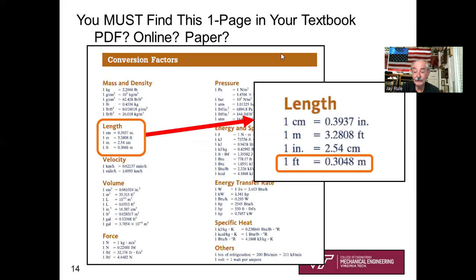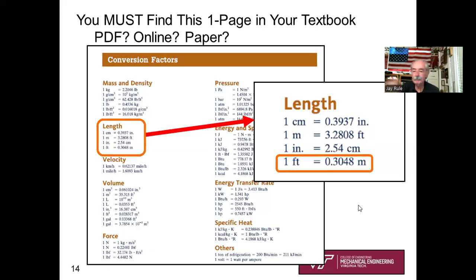You got to be able to find this. I've been harping on this, I think, in previous videos, maybe. If not, future videos. You got to be able to find this one-page conversion factors page in your textbook. You need to figure out how to get it into a PDF format or print it out on a hard piece of paper and possess this thing, either electronically by PDF or a piece of paper.